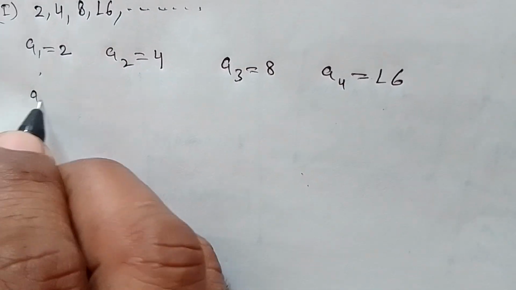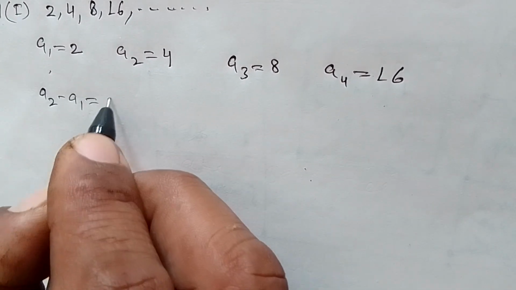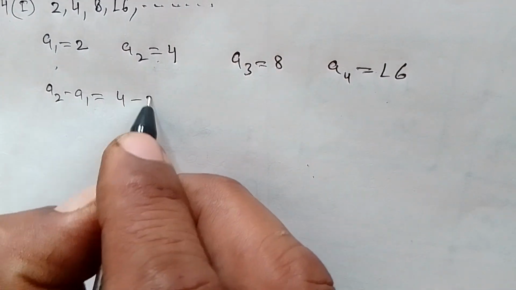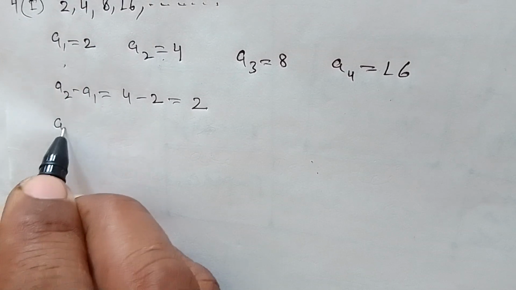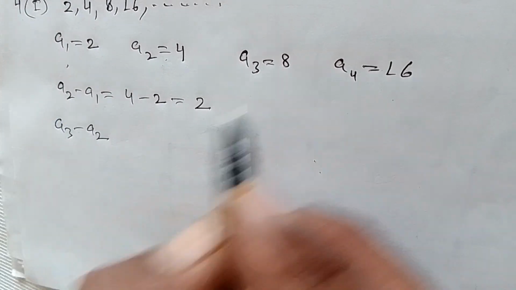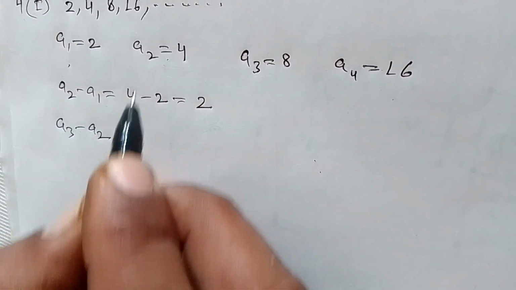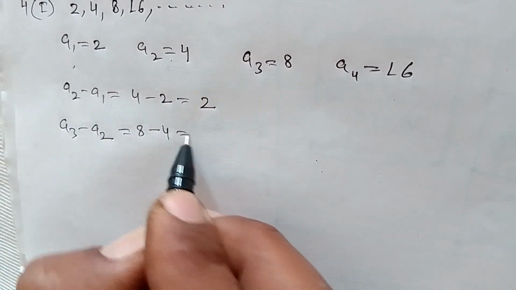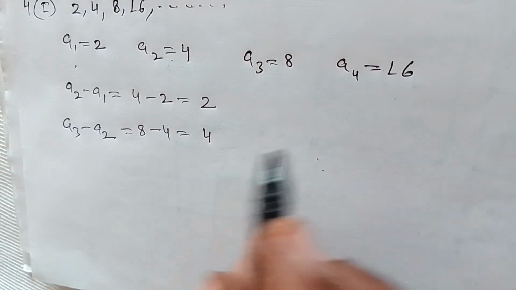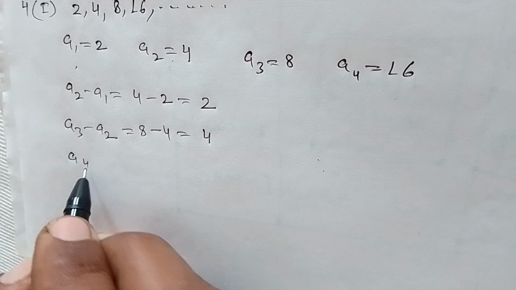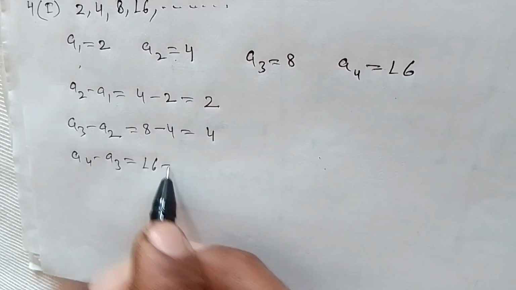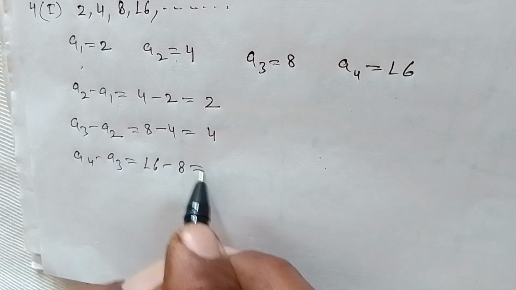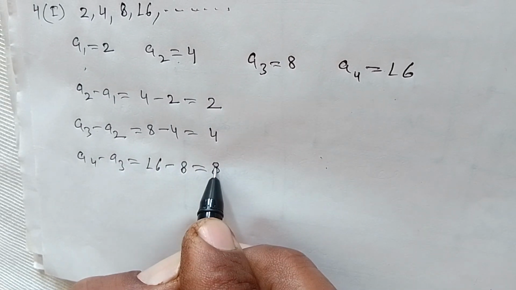Now A2 minus A1, that is 4 minus 2, that is 2. Then A3 minus A2, A3 is given 8, A2 is 4, that comes out to be 4. Then A4 minus A3, A4 is 16, A3 is 8, so 16 minus 8 comes out to be 8.